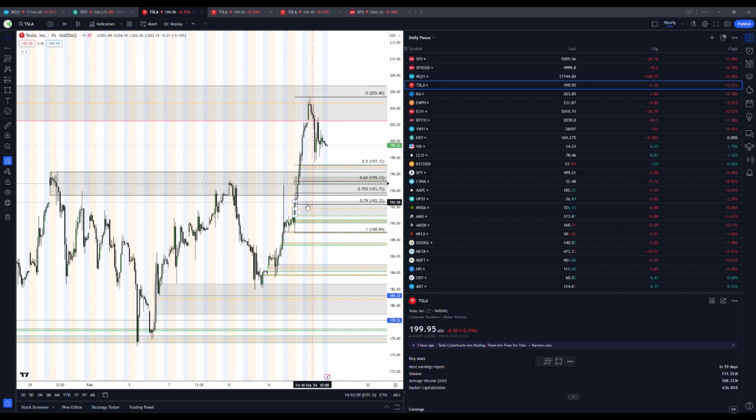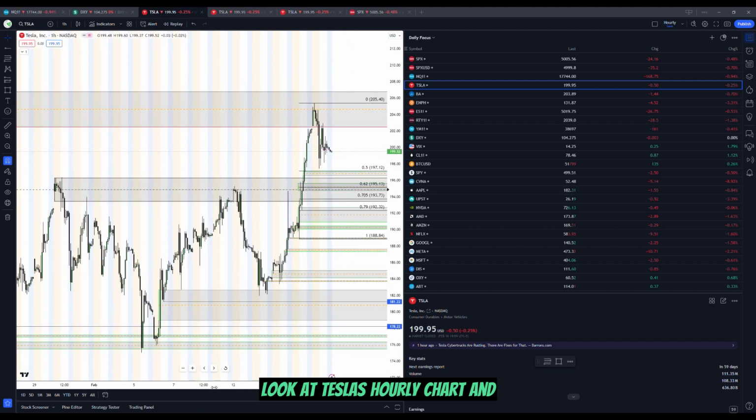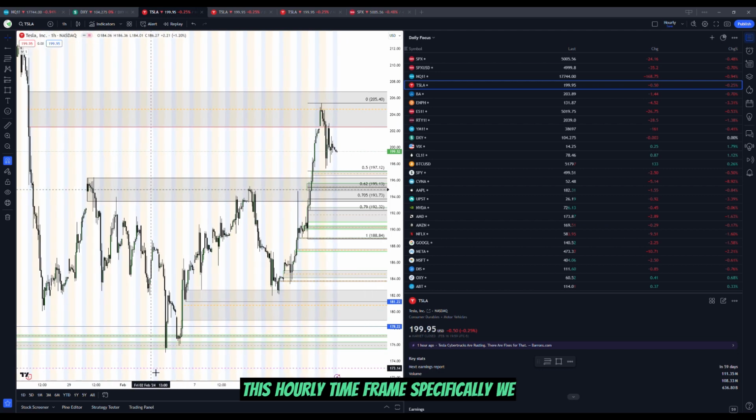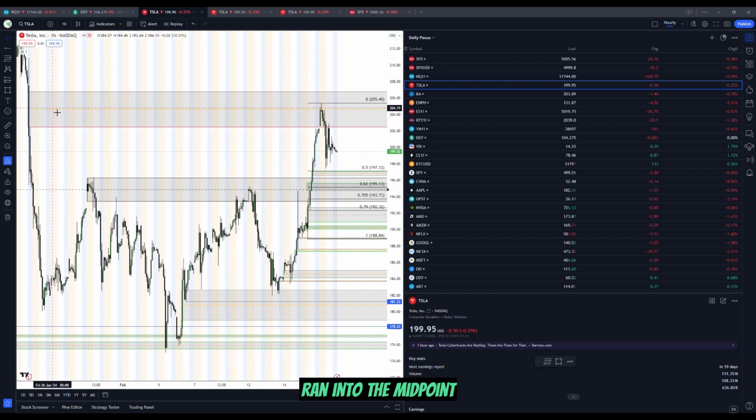So now we come on over here and we'll take a look at Tesla's hourly chart and see that here's our breaker, remains the same. There was our break up and through, and you'll notice that on this hourly time frame specifically, we ran into the midpoint or 50% of this bearish imbalance and started to reject.